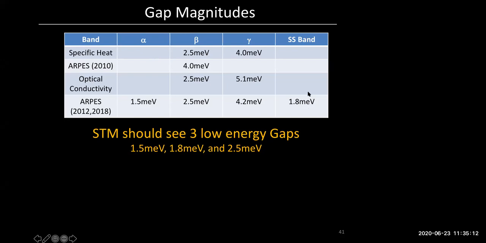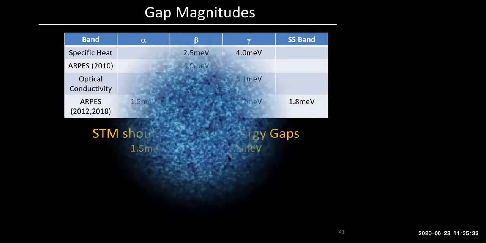ARPES has also measured this topological surface state that I showed you earlier, and that gap is 1.8 milli electron volts. So essentially, within 3 meV or so, leaving aside the gamma band, you should see 3 gaps if there's indeed a surface state. 3 distinct gaps, 1.5, 1.8, and 2.5 meV.